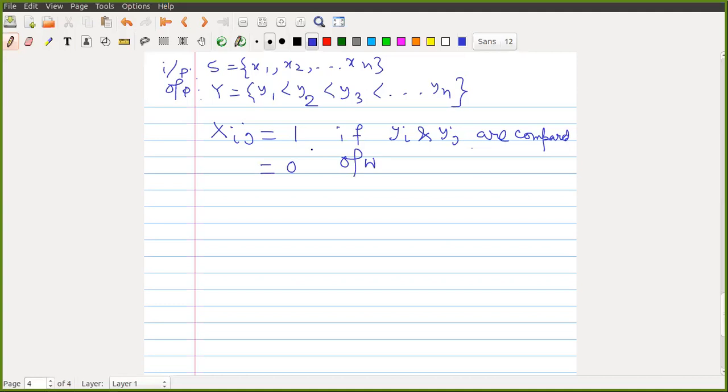So yi and yj are basically some xk and xm, some permutation of the original elements, and xij basically counts whether a pair is compared. It is one when yi and yj are compared during the course of the algorithm and zero otherwise.